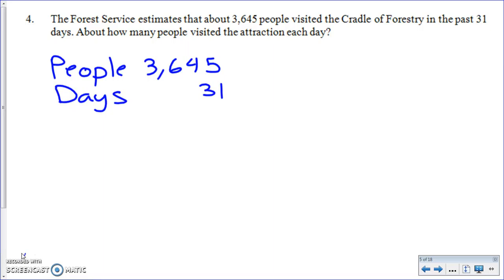Next, since it's estimating, we're going to round. And since it's division, we want to use compatible numbers. So we're going to round 3,645 to 3,600, and we're going to round 31 to 30. So next we're going to divide 3,600 divided by 30.